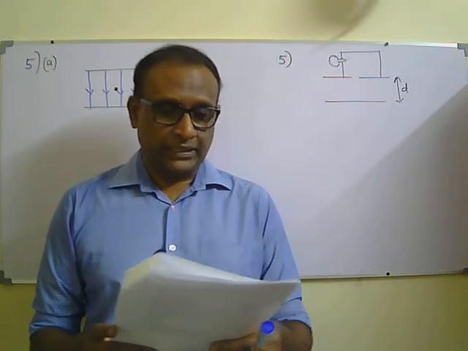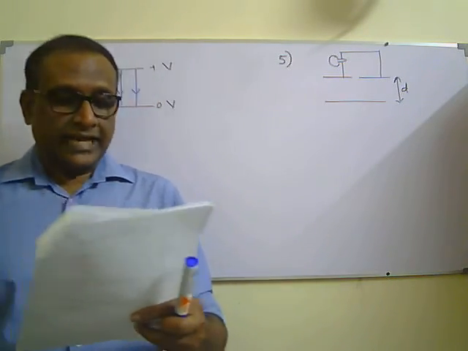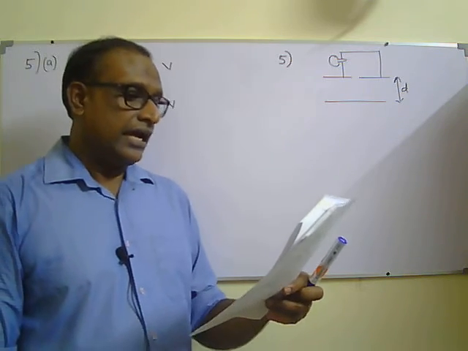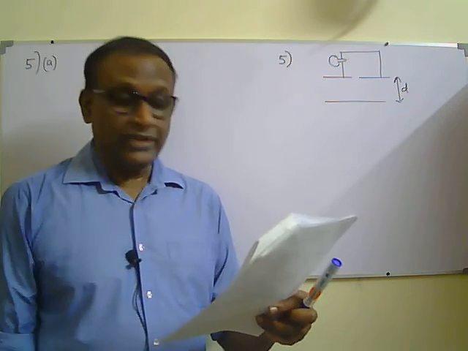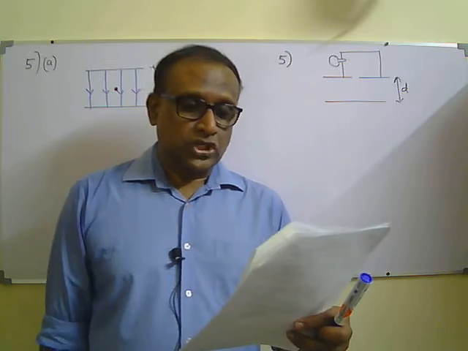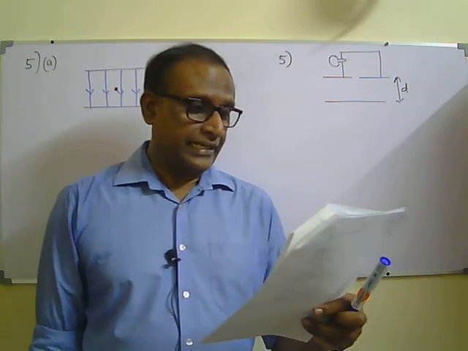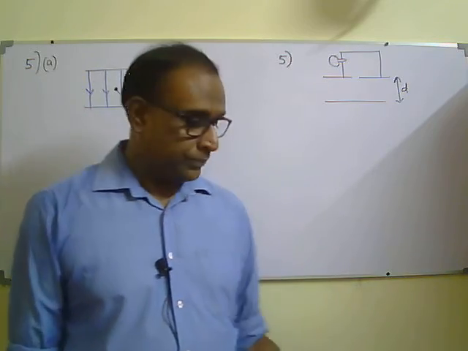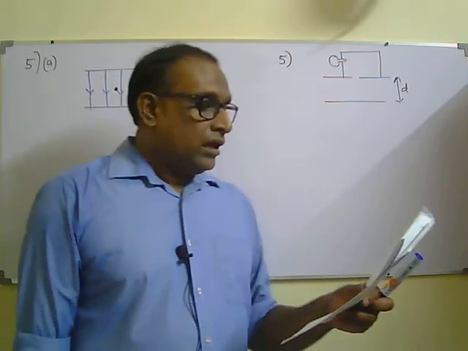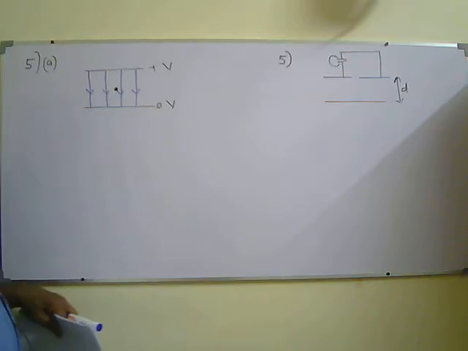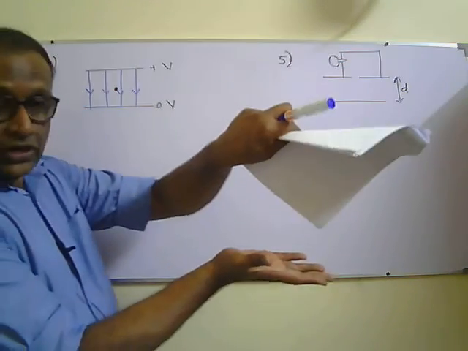Next, B part. V is gradually increased. At a particular value of V, the oil drop stops falling and remains stationary between the plates. Explain this observation. So actually, those plates are kept in a horizontal plane.